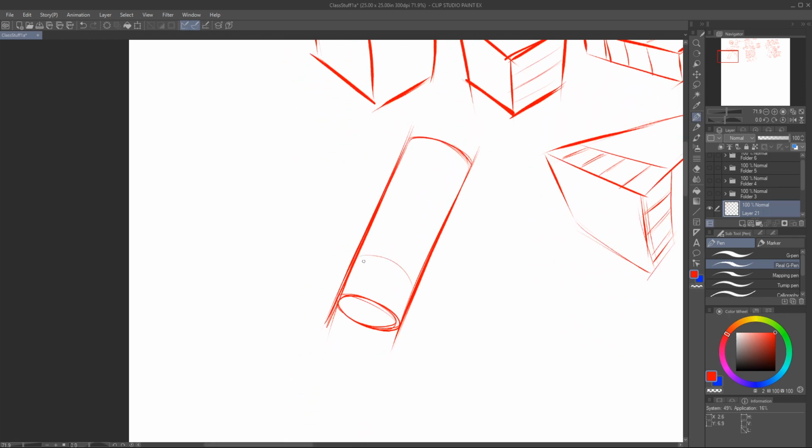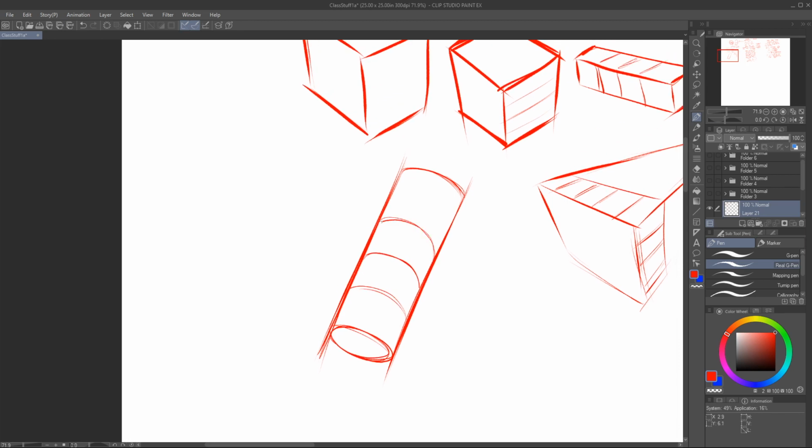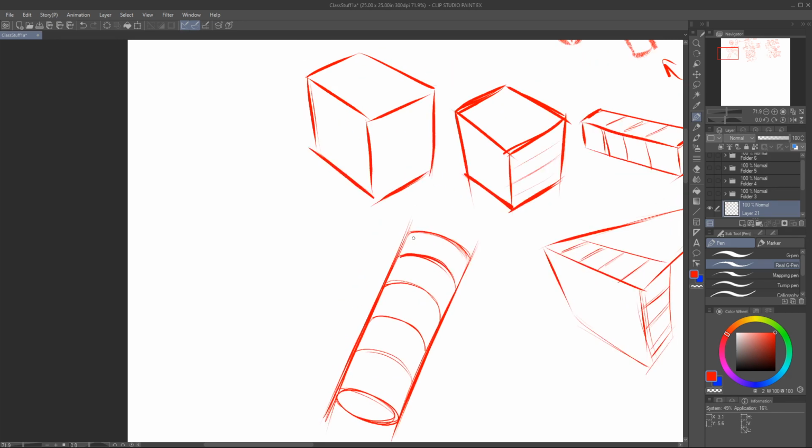And then, as with the cube, you basically are making parallel ellipses curving over the form.